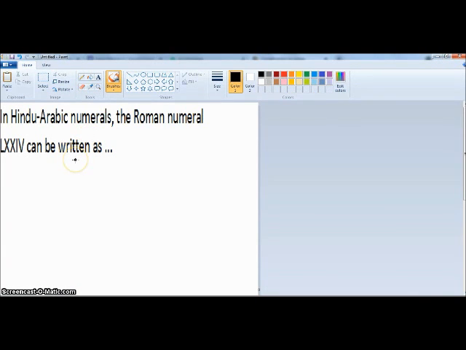In Hindu Arabic numerals, the Roman numeral LXXIV can be written as. Now for this question, you need to be acquainted with Roman numerals. In Roman numerals, for example, I represents 1. When you have 2 I's, that represents 2.